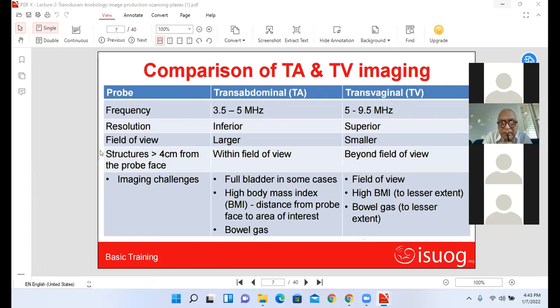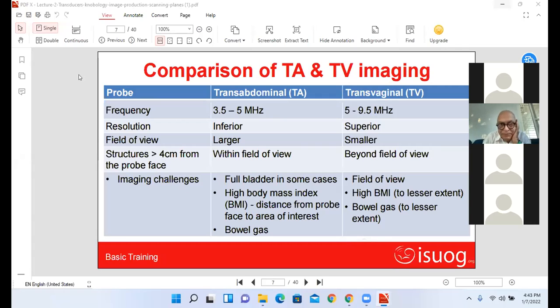But in transabdominal, we have problems when people have a lot of gas. Also, we have fat, skin and muscle, and the distance becomes higher. Like if we are seeing a fetal head, the distance from the skin is very high, so resolution is compromised.